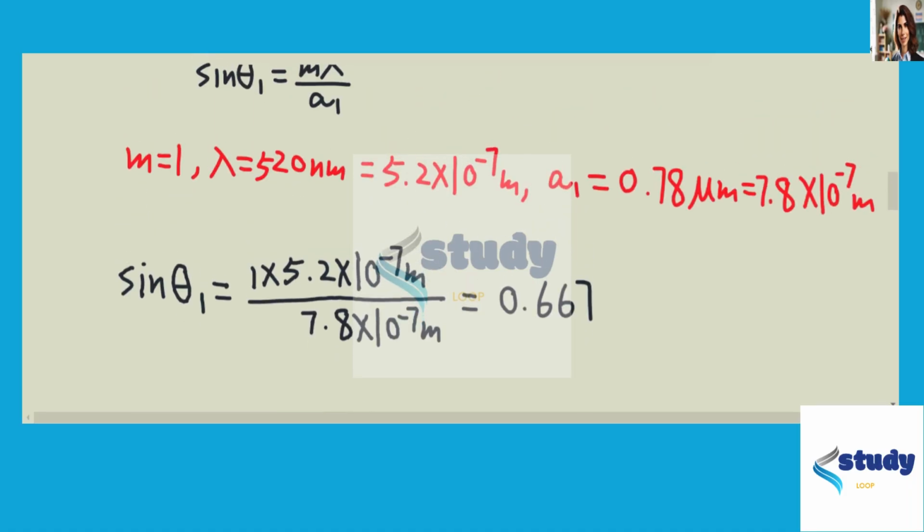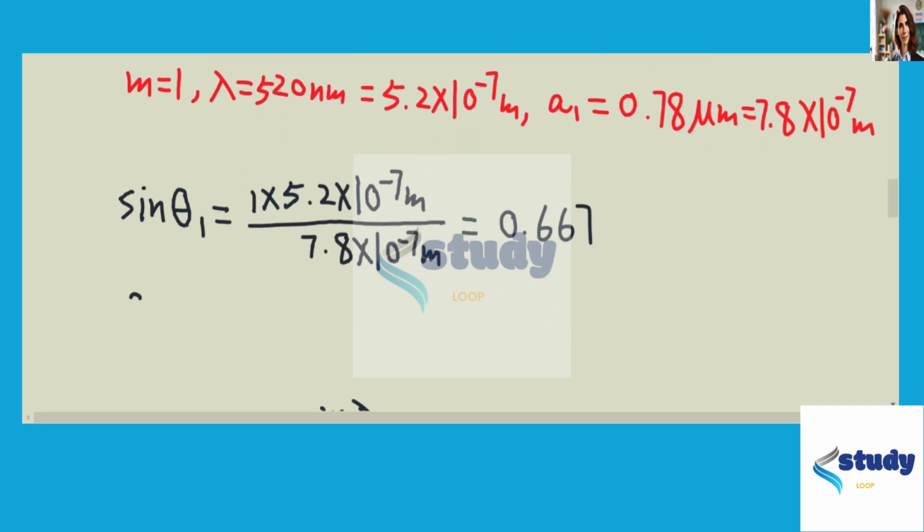So therefore, theta 1 is equal to the inverse sine function of 0.667, which is sine to the power of negative 1 of 0.667. And this will give us the angle is about 42 degrees. So this is the first angular position we have.